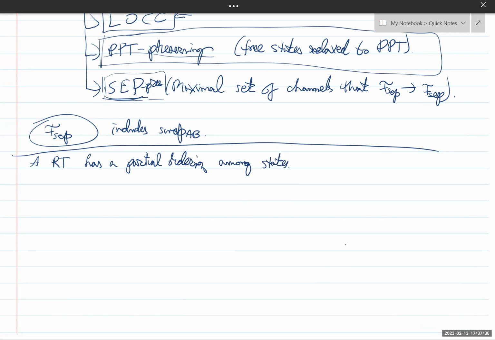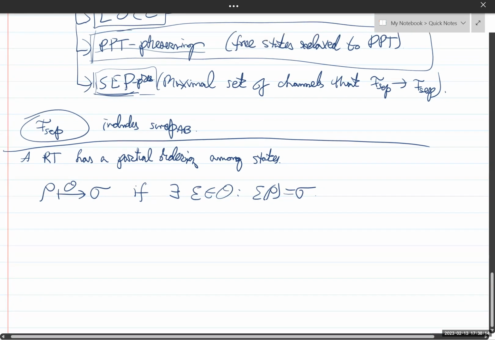So you can say rho, let's use this triangle symbol, to sigma if there exists some channel in O that maps rho to sigma. So just the condition of whether there is a channel in the set of free operations that maps a state to another state defines a partial ordering among the states.